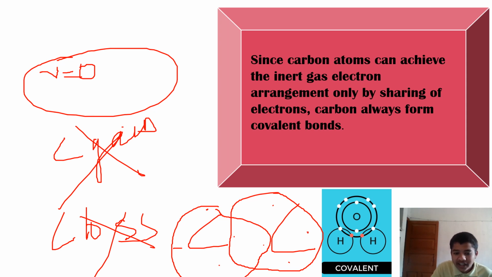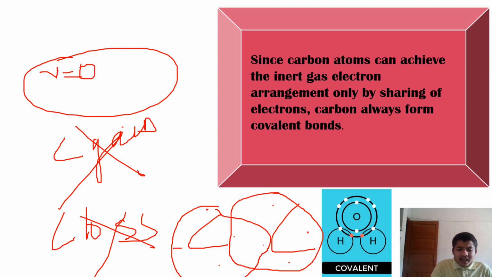See how it will share. See, carbon has 4 electrons, right? And carbon requires 4 more electrons, so it will share 1 electron with this carbon and 1 electron with this carbon.